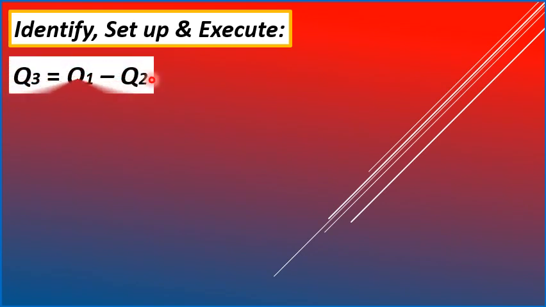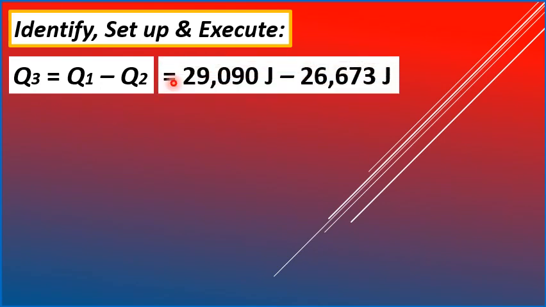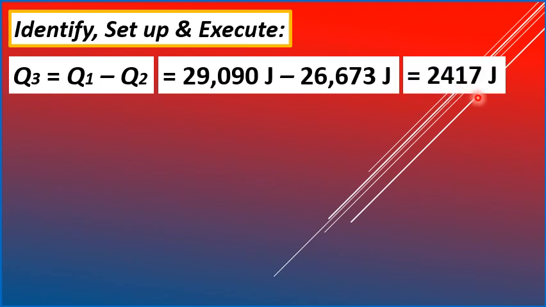Notice that there is a difference between Q1 and Q2. So we label that difference as Q3. That is 29,090 joules minus 26,673 joules, or Q3 equals 2,417 joules.